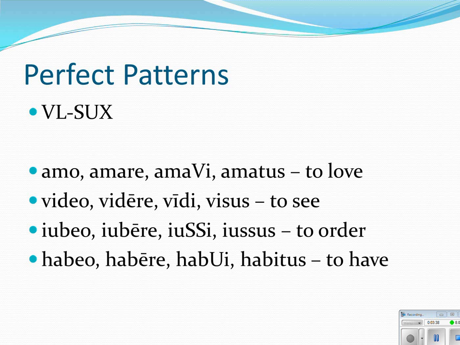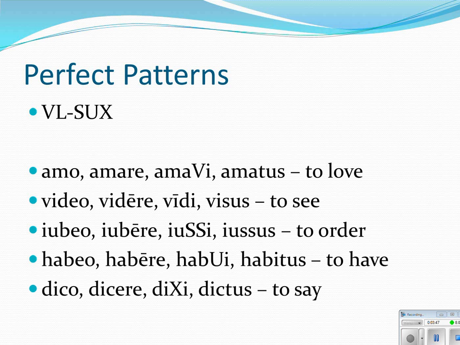There's a U in the perfect that there isn't in the present tense. So the perfect tense has a U. And the X is the letter X, like dico, dicere, dixi, dictus. So an X in the perfect where there's a C in the present.